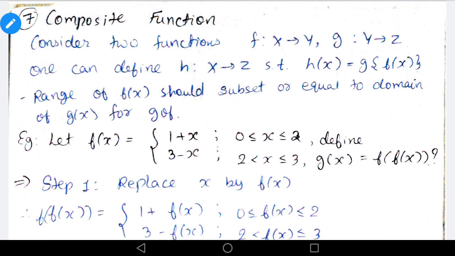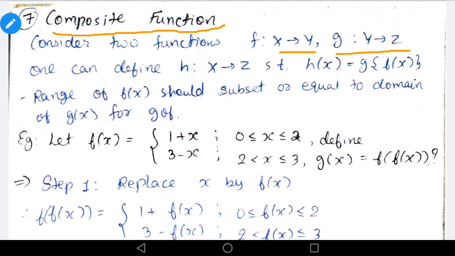So let's start. Today we are going to see composite function. There are two functions f and g. F is a function from x to y, g is a function from y to z.